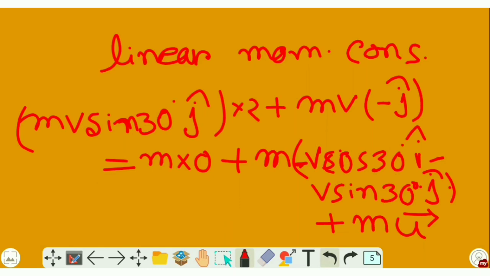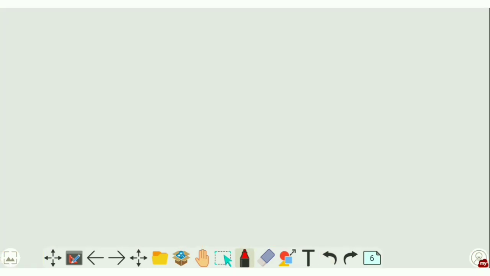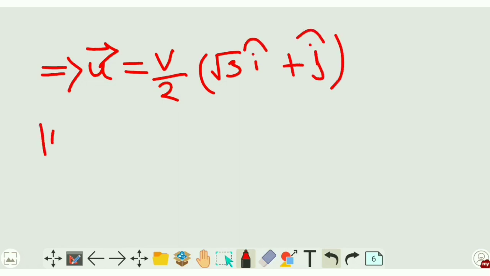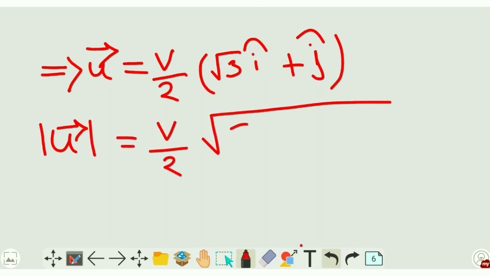So we can write that u vector equals v by 2 root 3 i cap plus j cap. And if we find the speed, magnitude of u vector is equal to v by 2 root of 3 plus 1, so v.